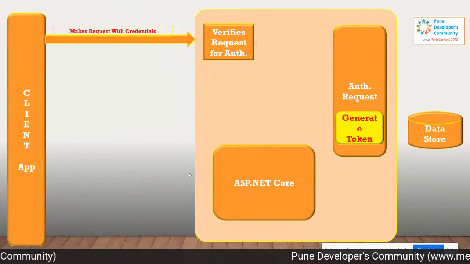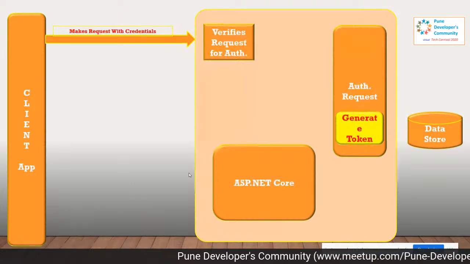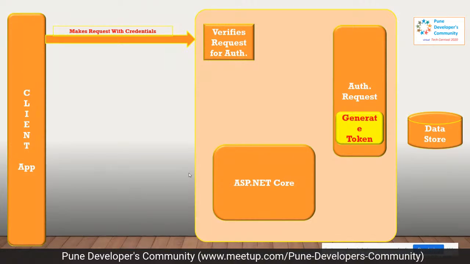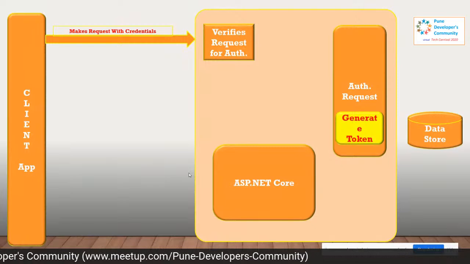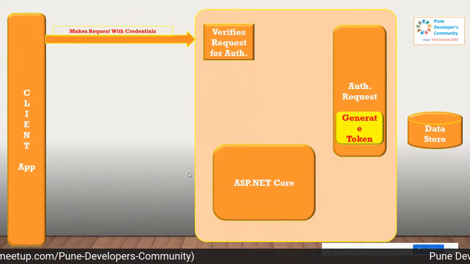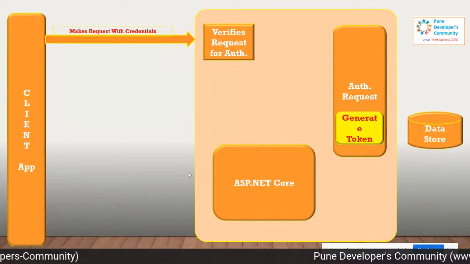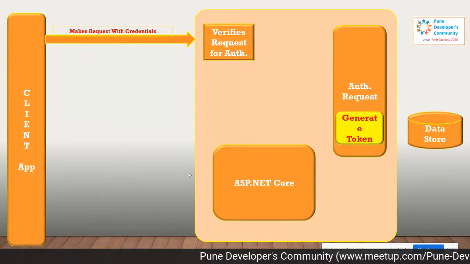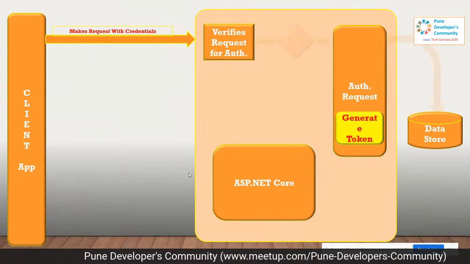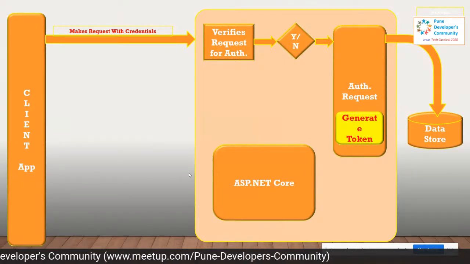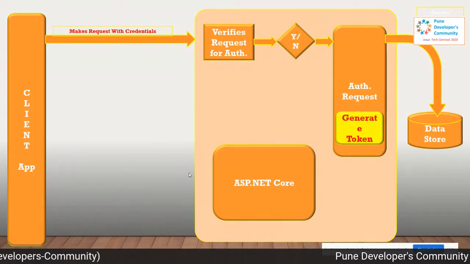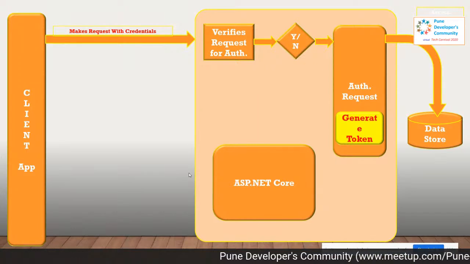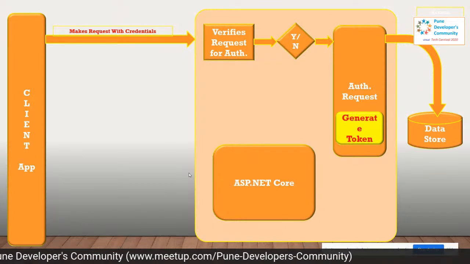So the thing is that now the server application is going to have the request verification over there. What the server is going to have is that it is going to use the auth request logic which has been executed by the middleware, right?